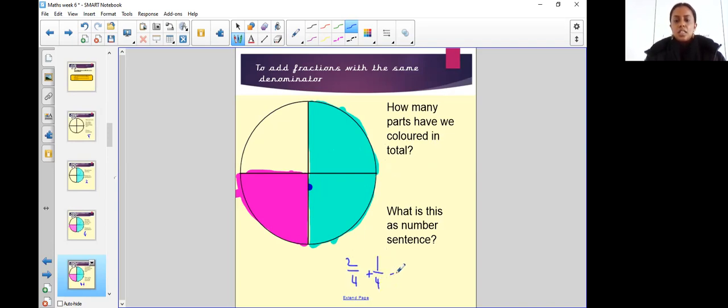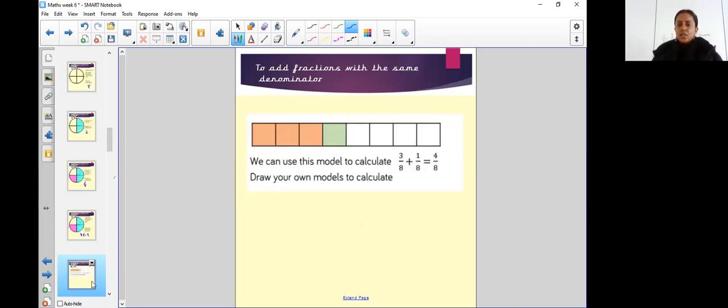So 2/4 add 1/4 equals 3/4 when we look at the different colours that we have, because one of them is blue, so that's 2 out of our 4 pieces, and then one of them is pink, so that's 1/4 out of our 4 pieces. And if we add the numerators together, 2 add 1, we get 3. So we can use this model to calculate 3/8 add 1/8. Let's see.